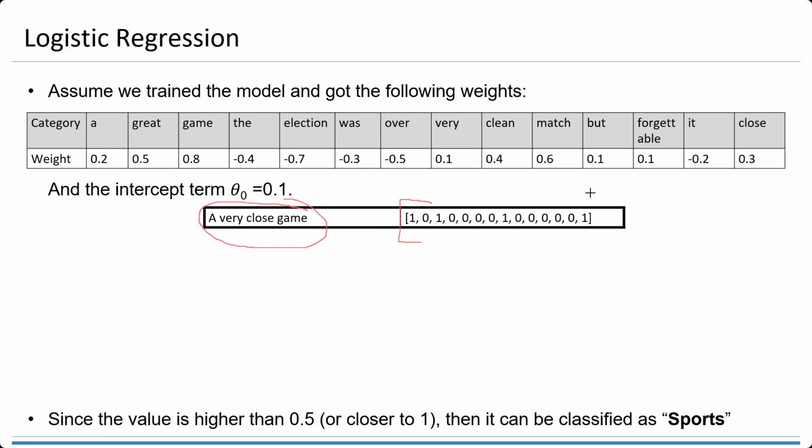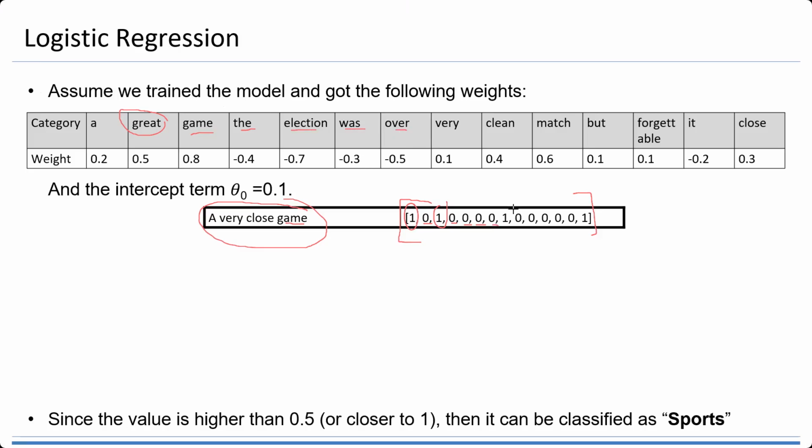So this is the feature. The word very is 1, the word close is 1. What about grid? 0. And then game. Okay, we can see there is a word game. The word the is 0, 0, 0, 0. Right?